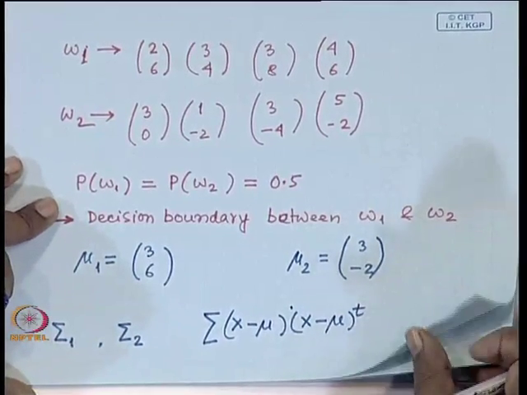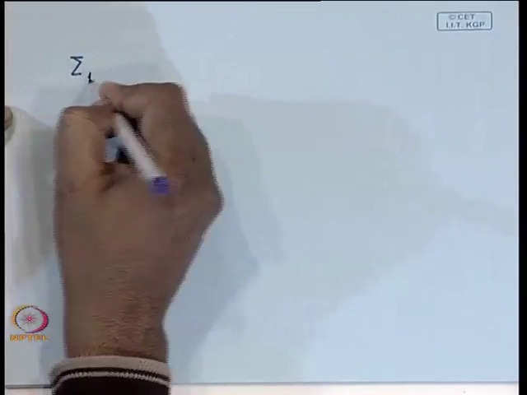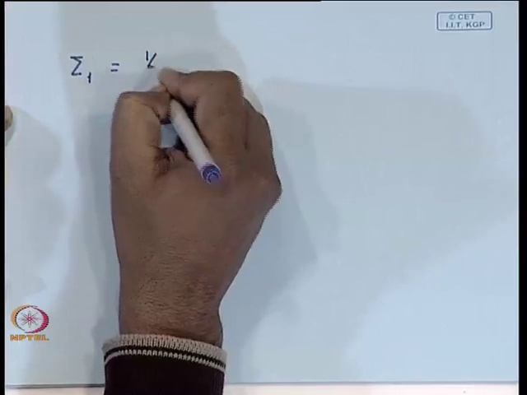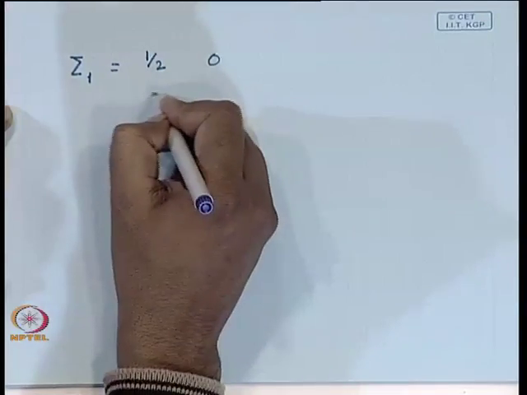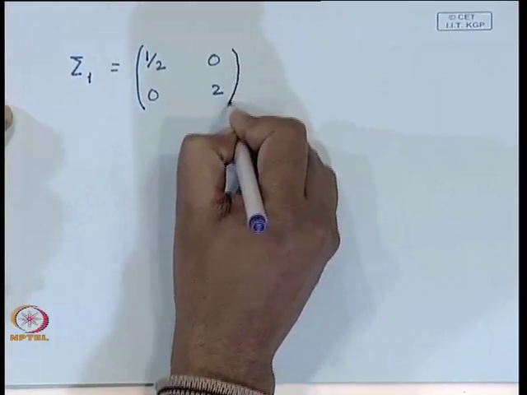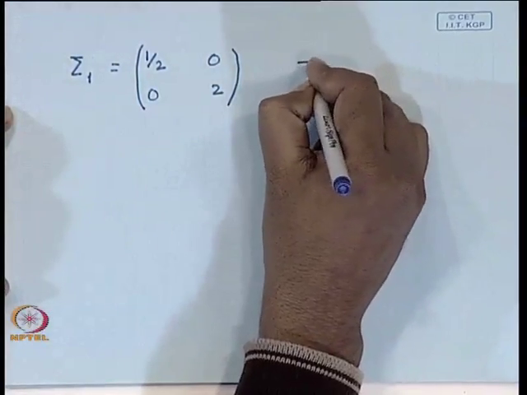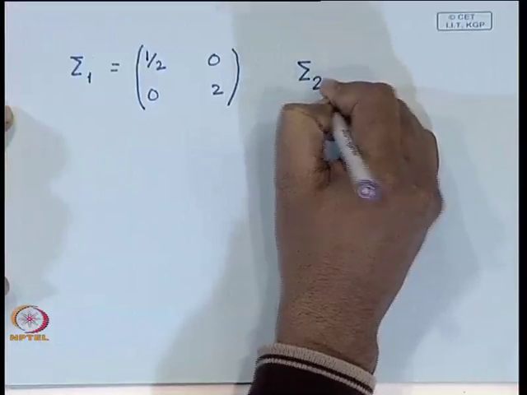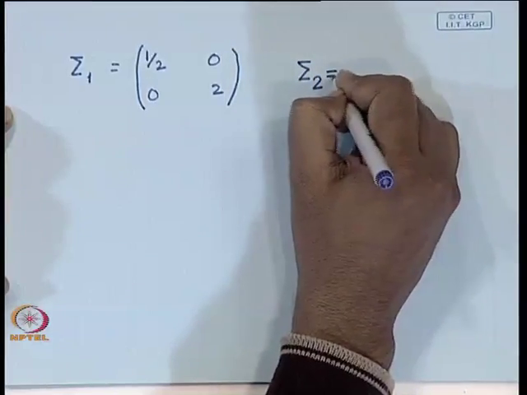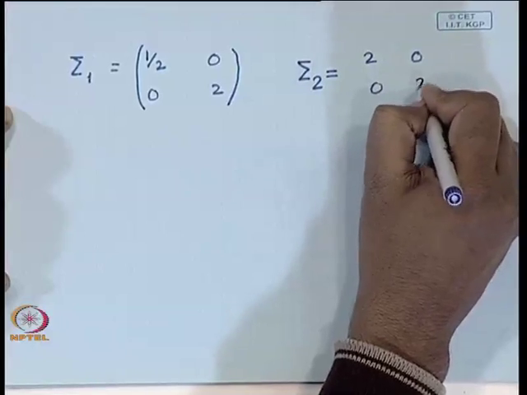If you do it that way, you will find that sigma 1 comes out to be half 0 0 2. This is the covariance matrix of class 1, and sigma 2, the covariance matrix of class 2, comes out to be 2 0 0 2.